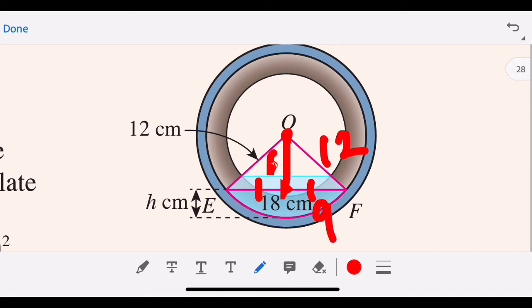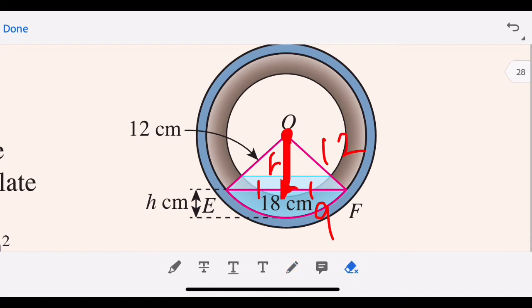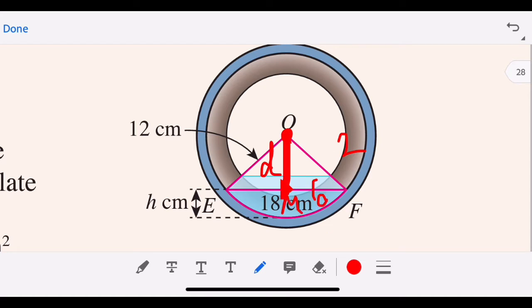You can assign one unknown to represent the height here. We don't use H because we already have H, so let's use D. This is the midpoint, this is 9, this is 9, and this is a right angle. This is 12, so I'm going to find D.